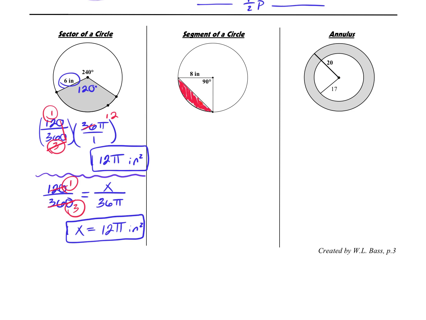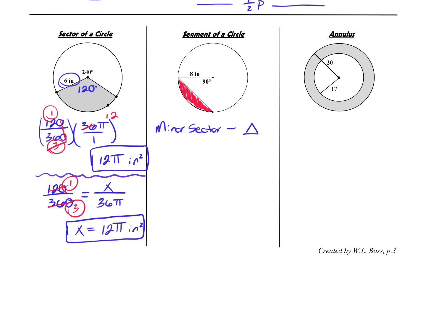So it's this shaded spot between the chord and the circle. Now, to find the area for a segment of a circle, what we are going to do is find the area of the minor sector, and then we're going to subtract the triangle.